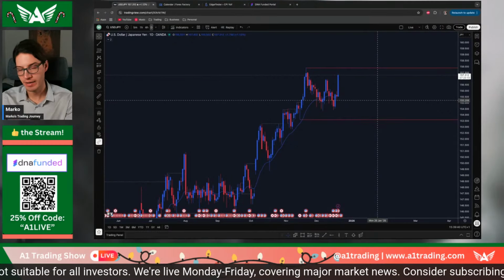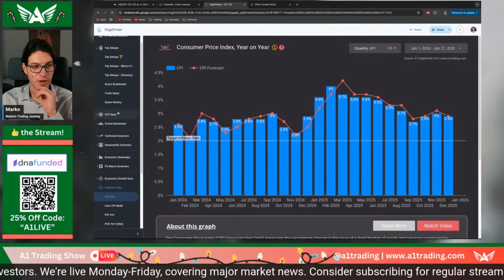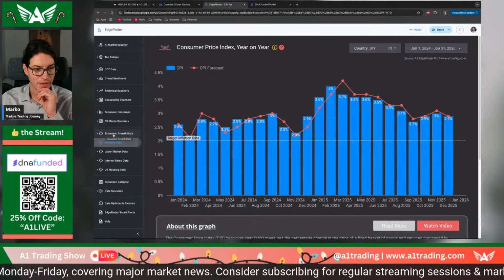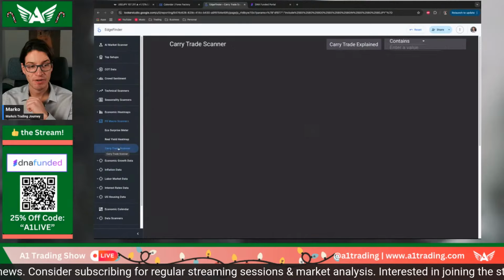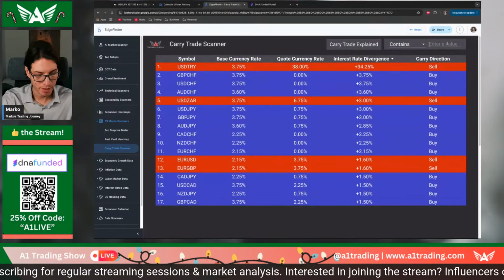Because you would think, if you go to the EdgeFinder and you go to the FX macro scanners, you go to the carry trade scanner, you type in USD JPY.